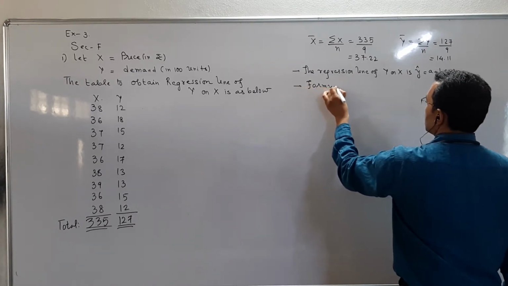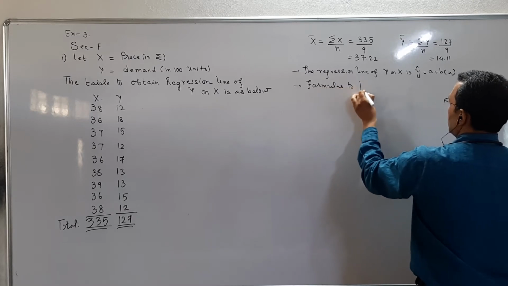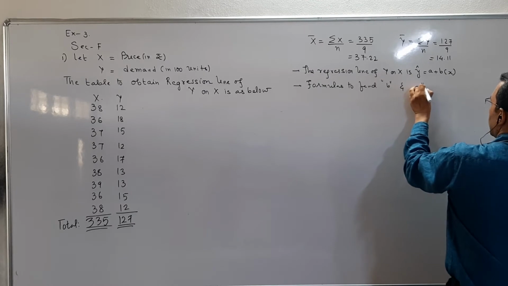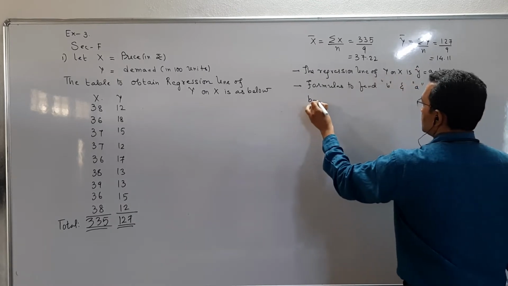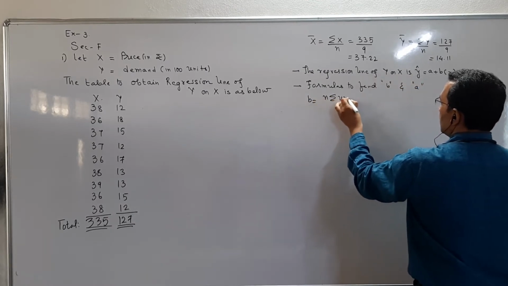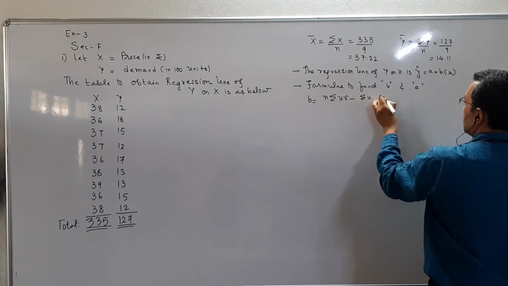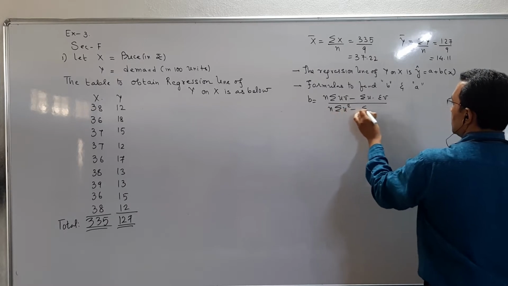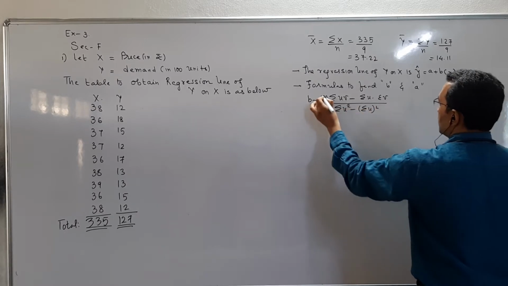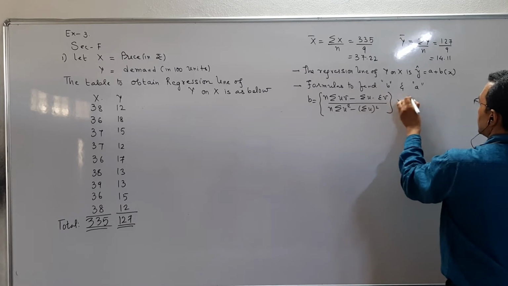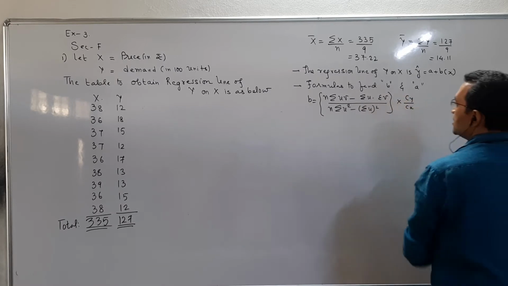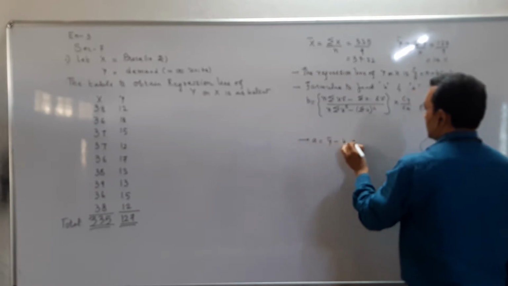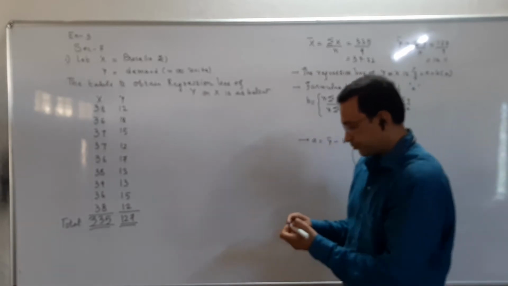Formulas to find constants B and A. B is equal to N sigma UV minus sigma U into sigma V upon N sigma U square minus sigma U the whole square into Cy by Cx, and the formula of A is Y bar minus B x bar.